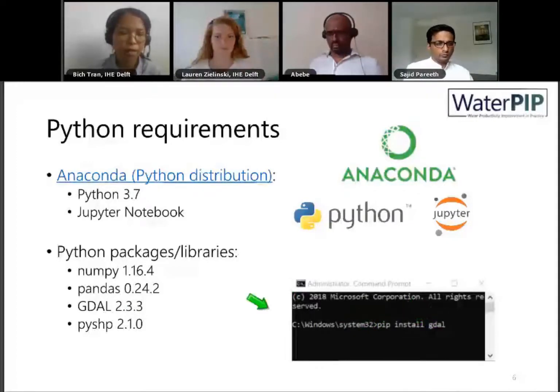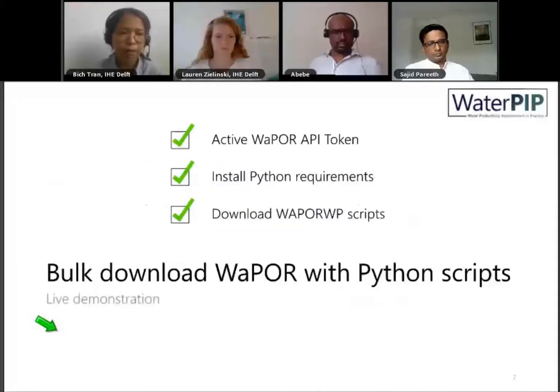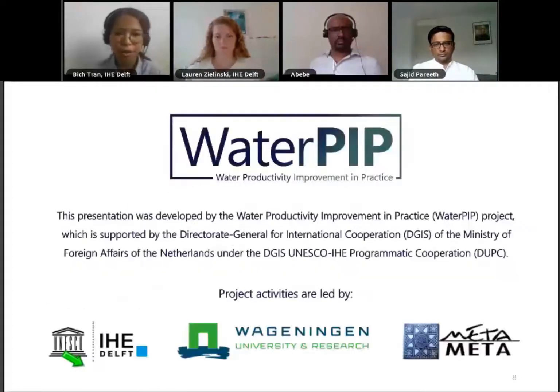So once you have an active WaPOR API token and have installed all the Python requirements and downloaded the open source script that we provided, you will be able to follow the steps in this bulk download WaPOR with Python demonstration. So now I would like to share my screen to show the demonstration.